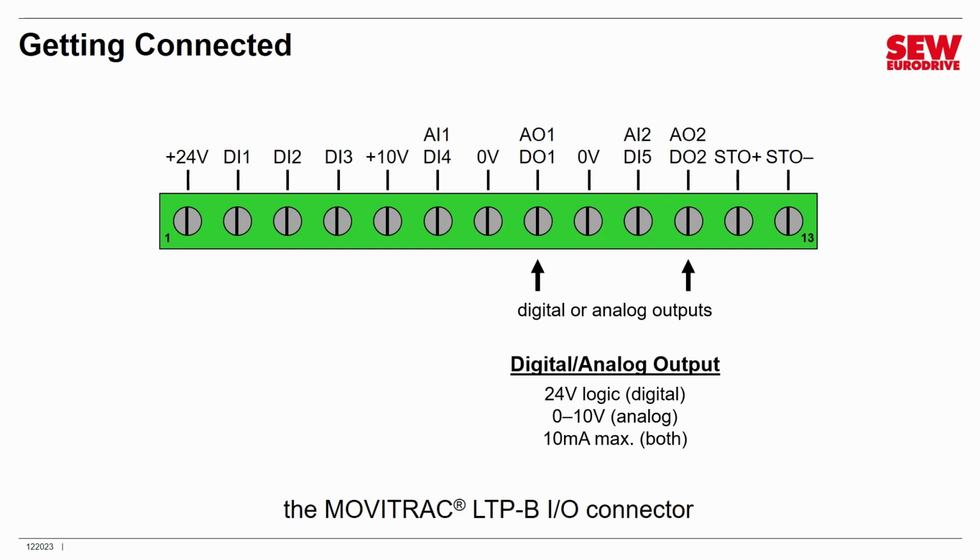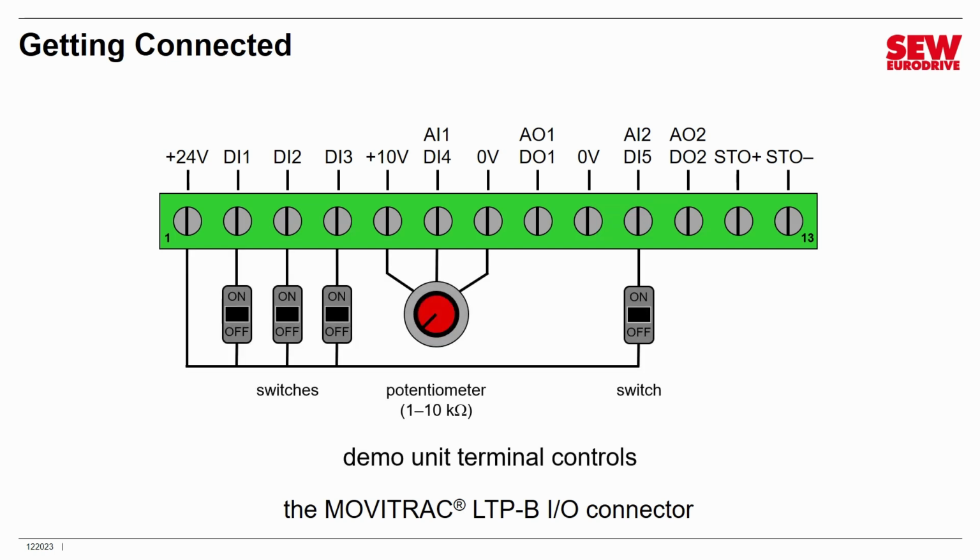All right, so those are the digital and analog inputs and outputs available on the MOVITRAC LTP-B I/O connector. Now for the activities we're going to be doing in this class, you should wire up your demo unit like this. Digital inputs 1, 2, and 3 should be connected to switches which go to the 24-volt supply. You should also connect up digital input 5 to a switch, so we're not going to operate it in analog mode.